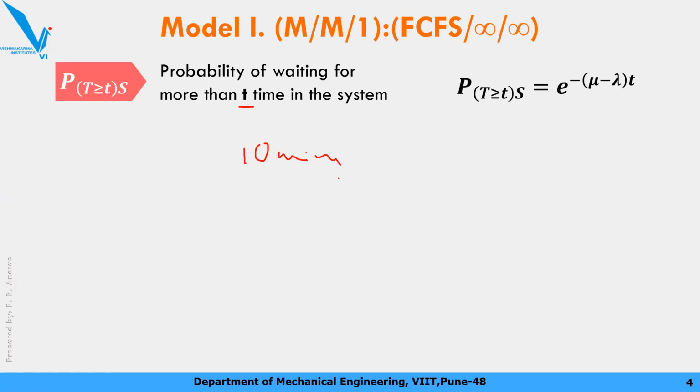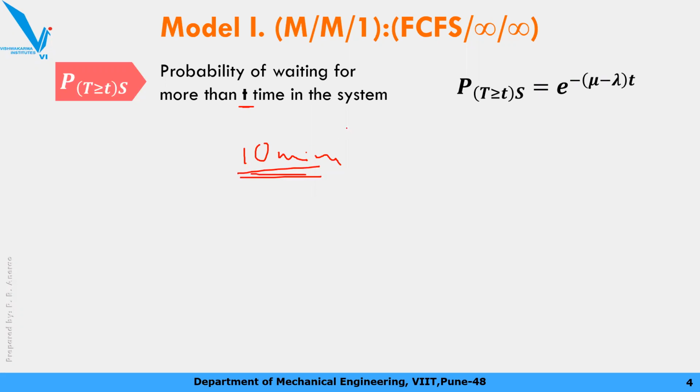As the manager, you have to manage the counters or queues in this way that the customer should not spend more than 10 minutes of time waiting for the cash counter or at the cash counter and go out of the cash counter. Okay, so that time is t.